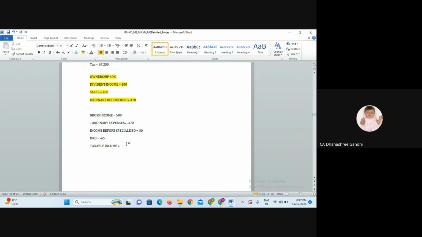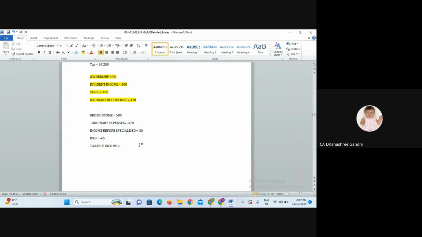So here, the income before DRD is 30. It's positive, not negative. 500 minus 470 will be 30 positive. Yes, but if you calculate the dividend received deduction on dividend income, then it will give you the negative net operating losses.